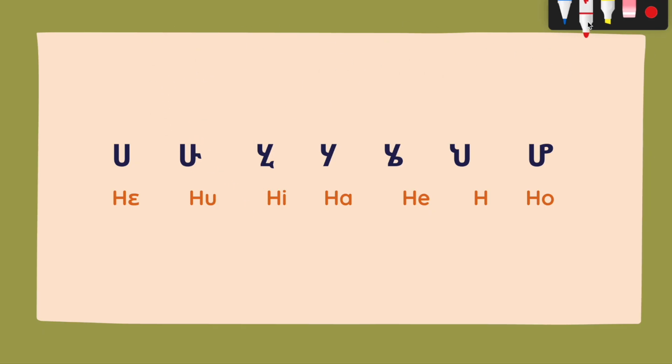All right, so let's go over the vowels one more time. So he, hu, he, ha, he, ho, okay? I don't want you to confuse them because they're all E, but they all sound different, okay? So the first order E, he.